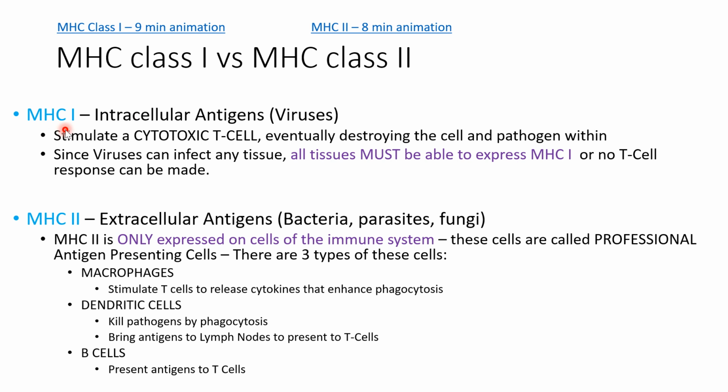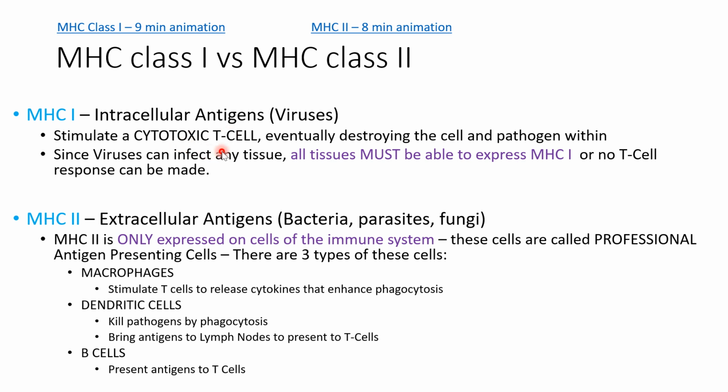Major histocompatibility complex 1 presents intracellular antigens. So this is when a virus or some particle goes inside the cell. And remember, this is dealing with every cell in the body because every cell in the body can exhibit this MHC class 1 receptor. So this is when basically a cell of your body gets infected with some type of pathogen.